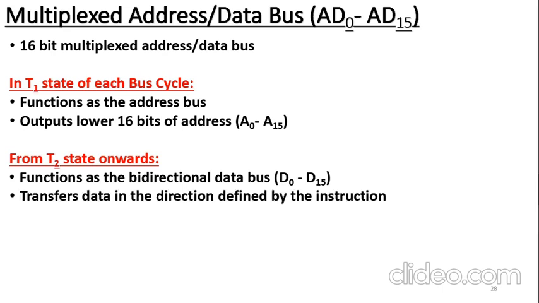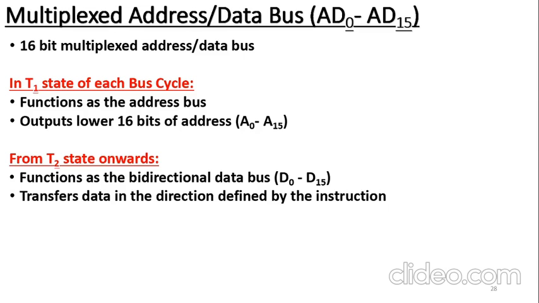It is used for transfer of data in the direction defined by the instruction, and the programmer defines that particular instruction. It means the direction of data through that data bus depends on the instruction written by the programmer.